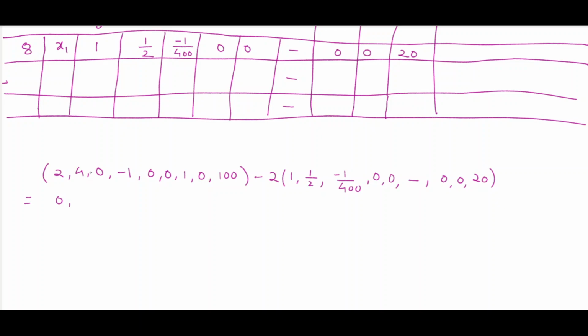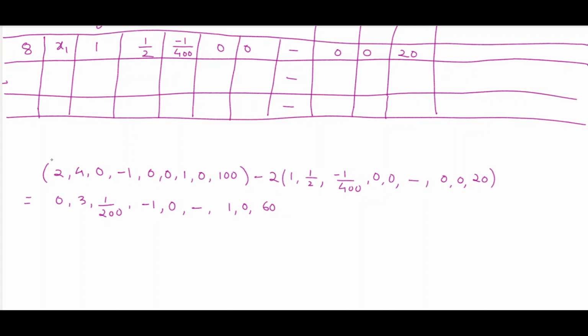Then 4 minus 2 into 1 by 2, that is 4 minus 1, it will be 3. Likewise next it will be minus 2 into minus 1 by 400, which is 2 by 400, means 1 by 200. Likewise next it will be minus 1, 0, then dash, then 1, 0, 60. It is not 20, it is 60: 100 minus 40 is 60.